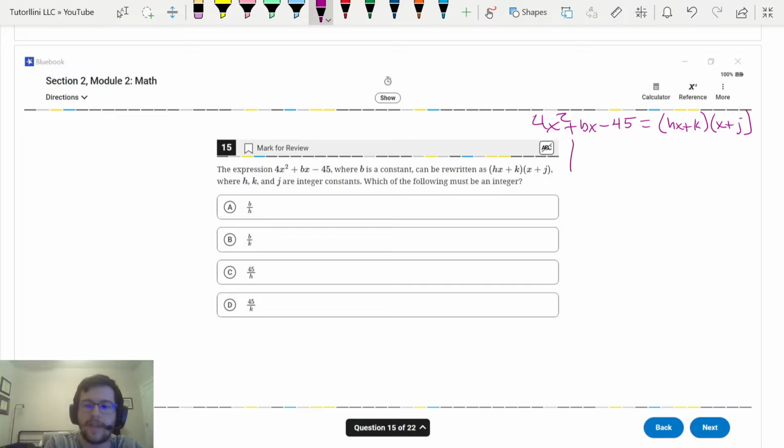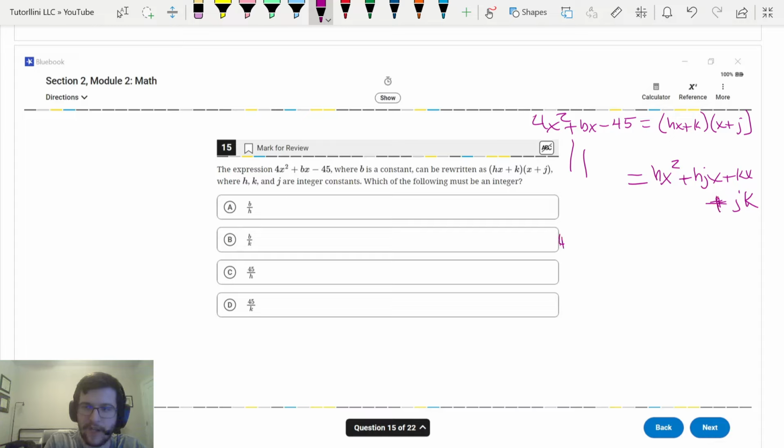So this guy stays the same, and then we get equals, so you're going to FOIL. So hx times x, so hx squared, outer. hjx, we usually use alphabetical order, hjx inner, kx, and then last, so k times j, or jk, alphabetical order.